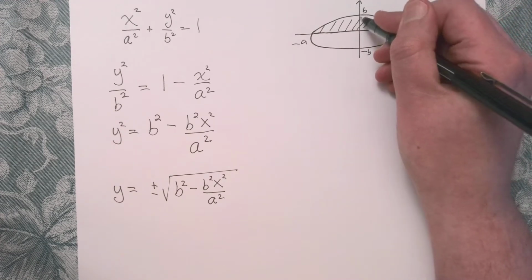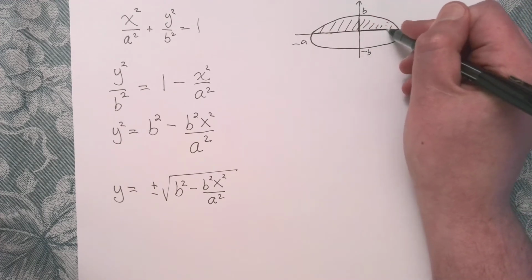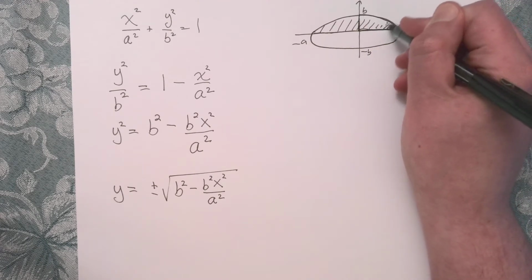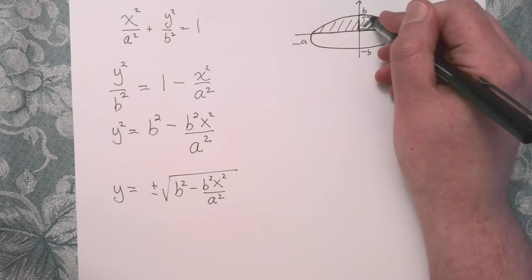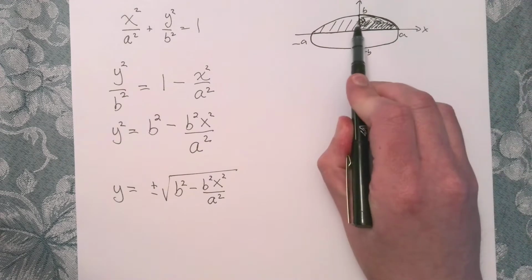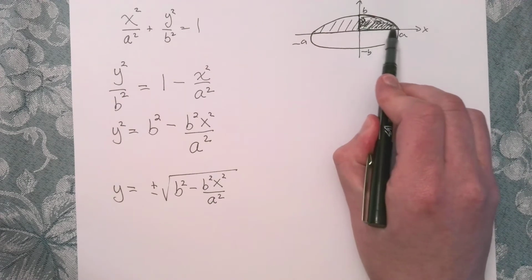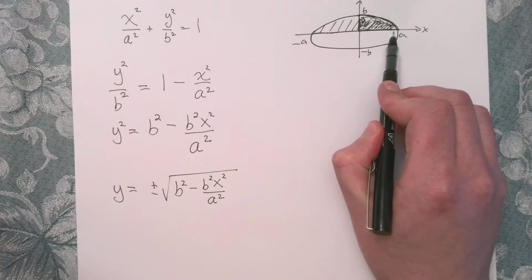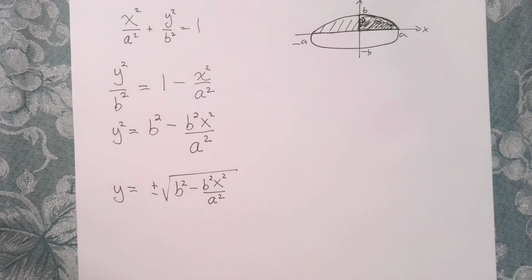Or we could really use some symmetry and just compute the area from here to here and quadruple it. And so maybe we'll do that. That sounds like a nice game plan. Okay, so again, this will correspond to the positive square root, and then we're going to use symmetry and just take the integral from 0 to a, and then we'll quadruple it.